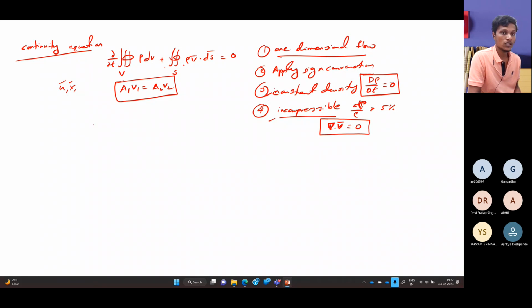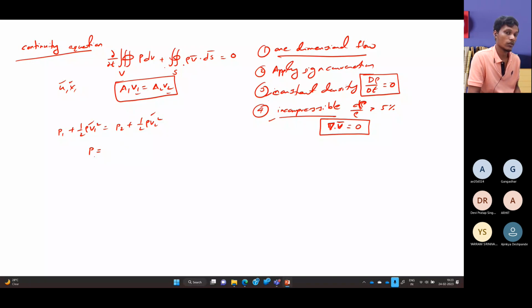Now let's couple this continuity equation with Bernoulli's equation. We have Bernoulli's equation: P1 plus half rho V1 square equals P2 plus half rho V2 square. How we can couple them: here we have velocity V1, here velocity V2, so just substitute this in the Bernoulli equation.